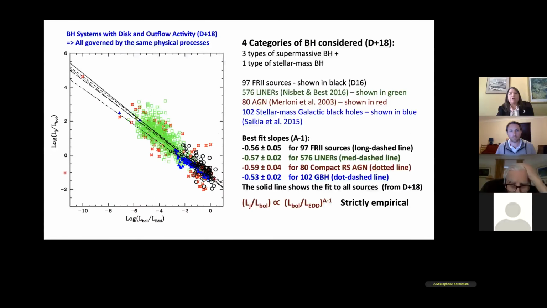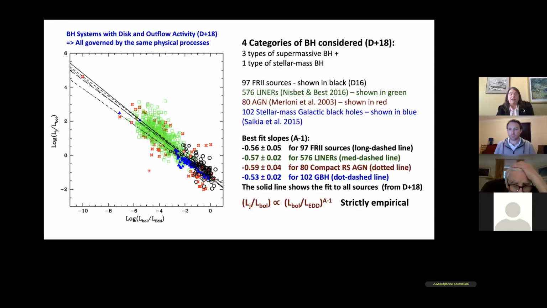Okay, so that's putting the cut here at about 10 to the minus 1 for Lj over L bol. Just to remind you, Lj over L bol greater than 1 would be considered a jet-dominated system, and Lj over L bol less than about 1 would be considered a disk-dominated system.